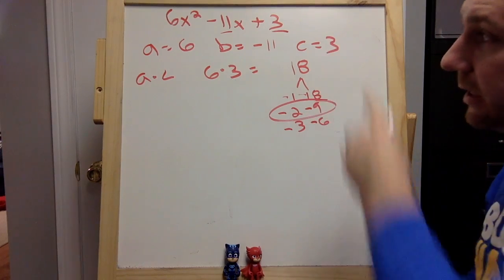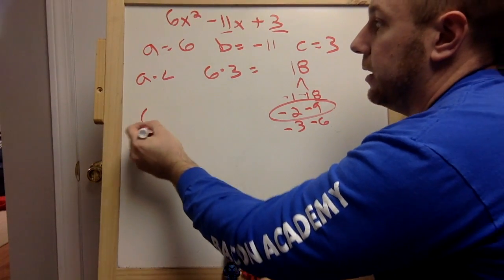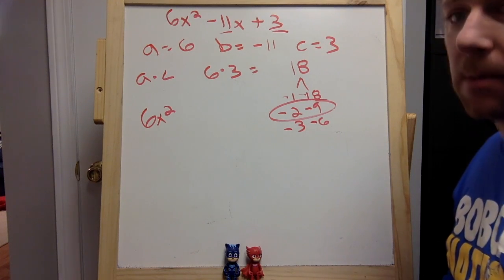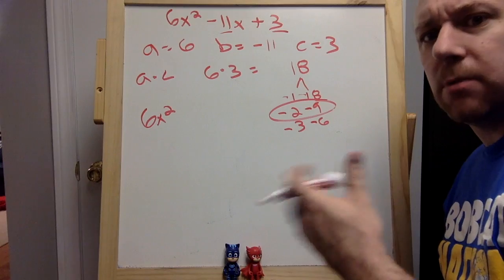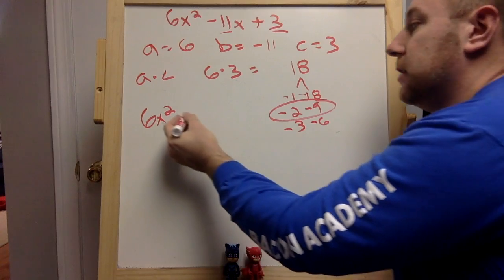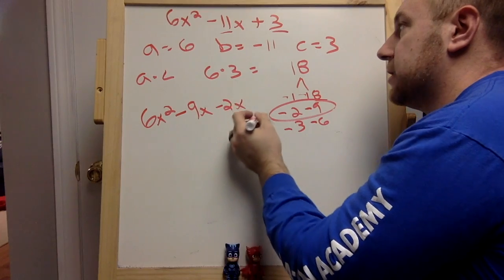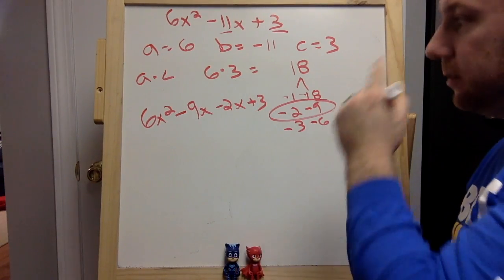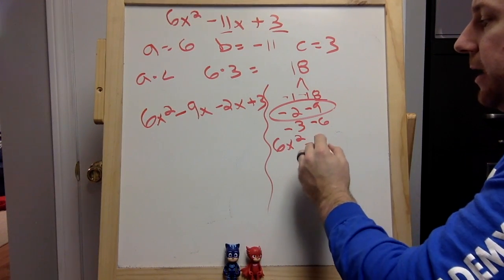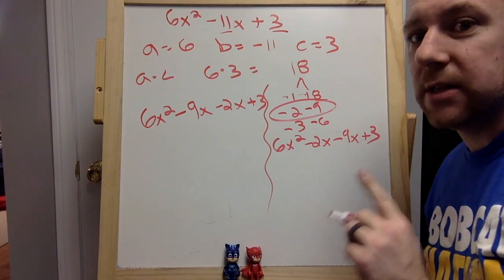So now I'm going to replace the middle term, the B term, with these factors. So I'm left with 6x squared. And what a lot of students will ask me is, does it matter which term goes first? And I'll tell you, no, it doesn't matter. So let's say you write it as 9x and then minus 2x and then plus 3. Well, that and 6x squared minus 2x minus 9x plus 3, they're going to get you the same answer.